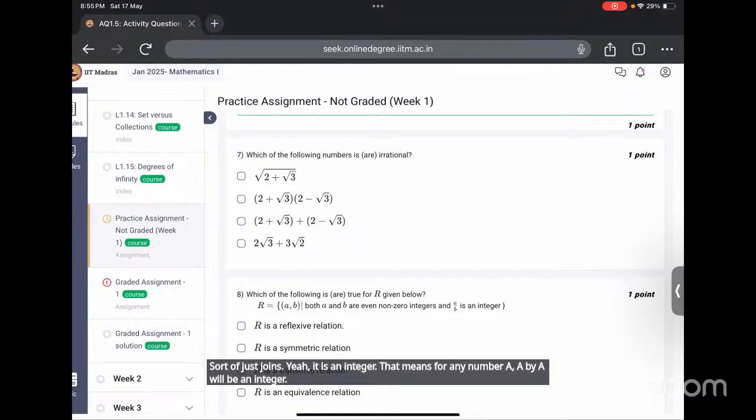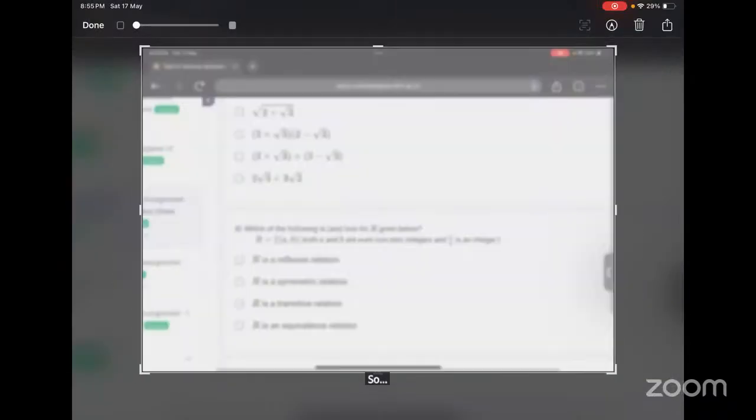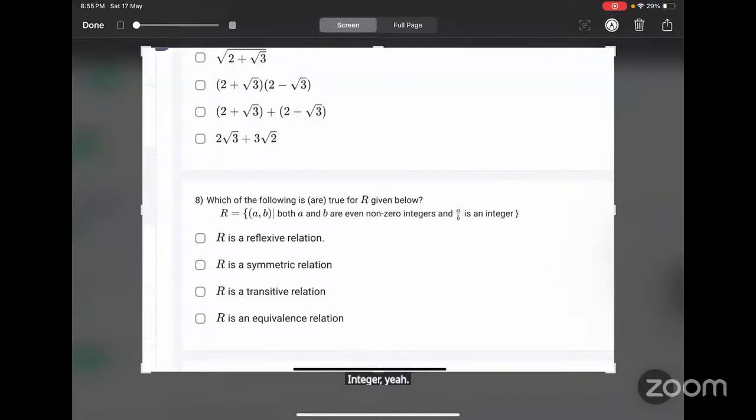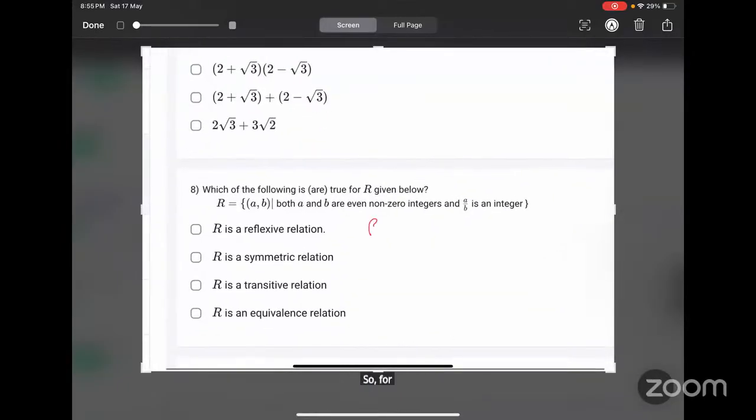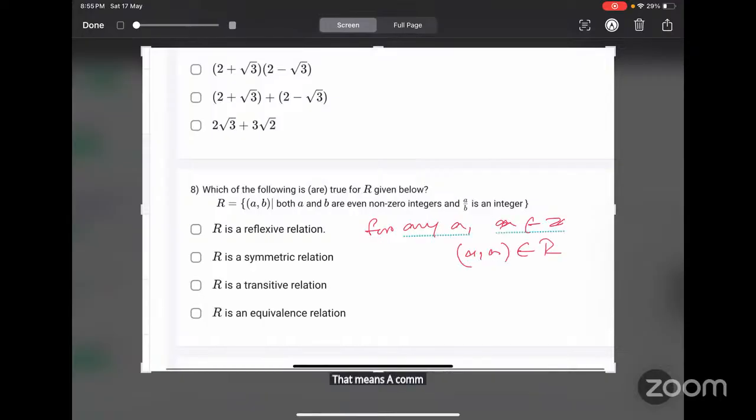So for any A, A by A belongs to integer. That means A is related to itself. That means A comma A belongs to R. So this is true.